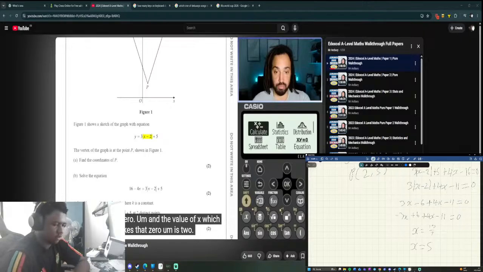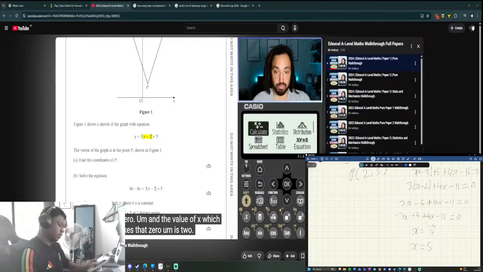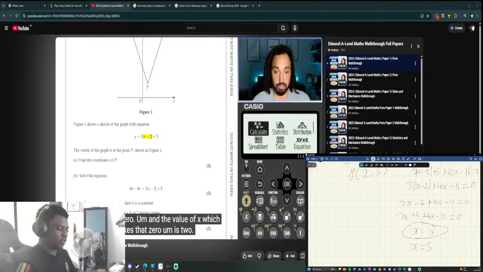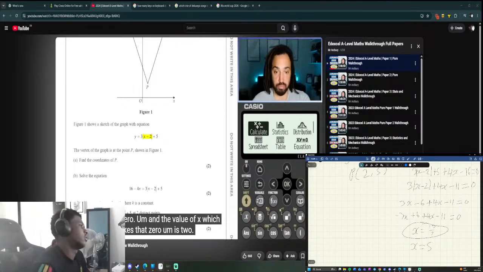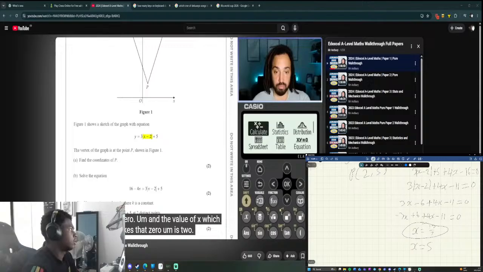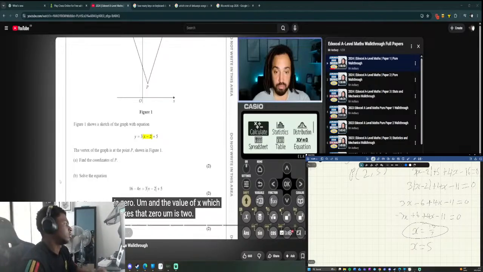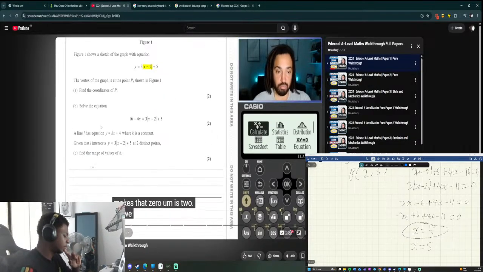No. Okay, let's try 17 over 7. 0. Boom. This is the answer. And the reason why it's not the other one is because it just doesn't work. So we know then for part A.